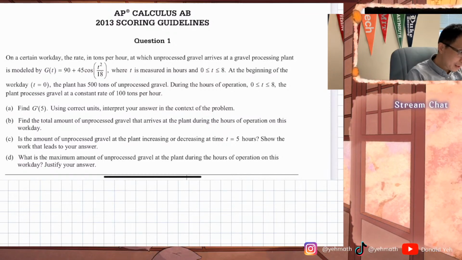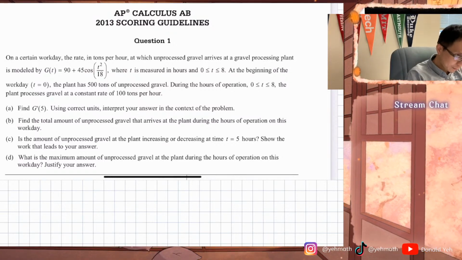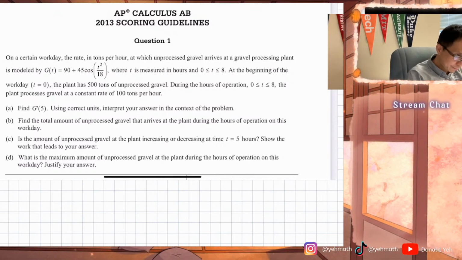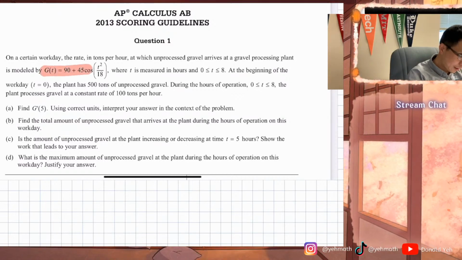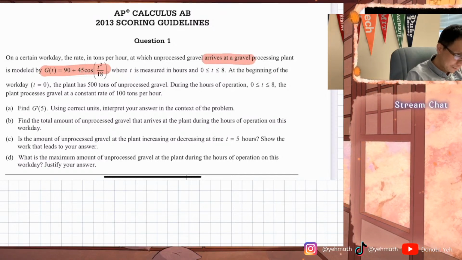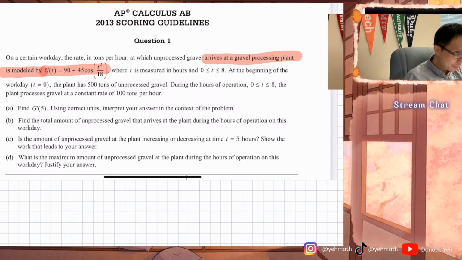So what I'm going to do is annotate certain things. Which thing do I want to annotate? Which equation? Okay, let's do that. And this is arrival. So not only the equation, it's also arrival.